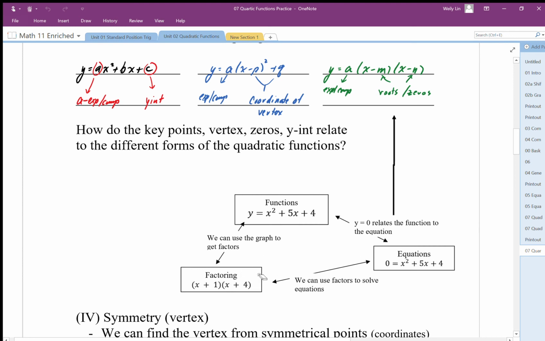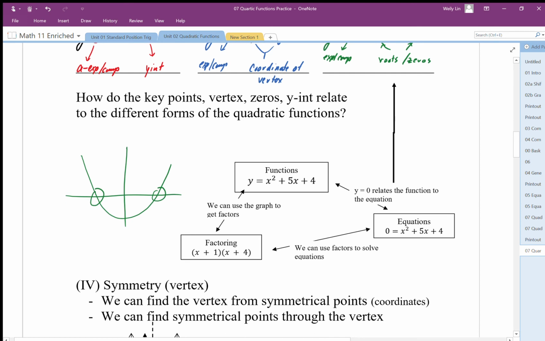Later on, we're going to solve a quadratic equation, solve for x, and the factors are where the zeros are on the function, where the graph crosses the x-axis. Maybe I'll just sketch that here. It is through these zero points that these three concepts end up being connected together. So our quadratic equations that we solve later on, we're going to solve them partially by factoring, and we can solve them also by graphing and seeing where they cross the x-axis.